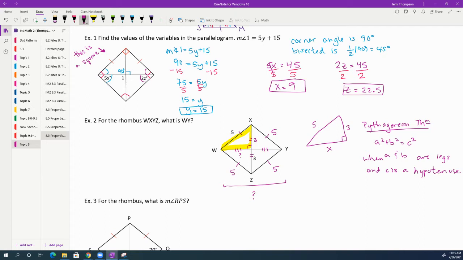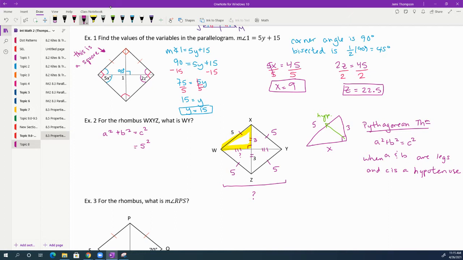So when I use it for this instance, first thing I want you to be really aware of is C has to be the hypotenuse. So check out this triangle. I go across from the right angle, that's the hypotenuse. So my hypotenuse is going to be 5. Now for A and B, the legs, they're interchangeable.